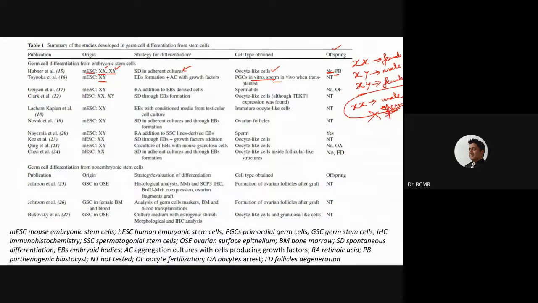So that is one thing; that is how you can try to look at it. XX gives oocyte, not sperm. XY can form oocyte-like cells. If it is a sperm here, then it's always XY. Spermatids, XY.